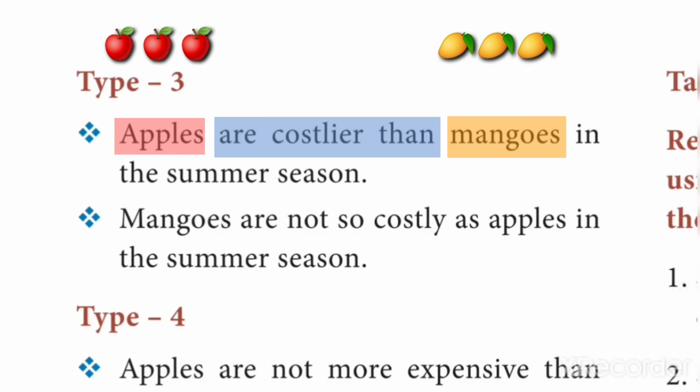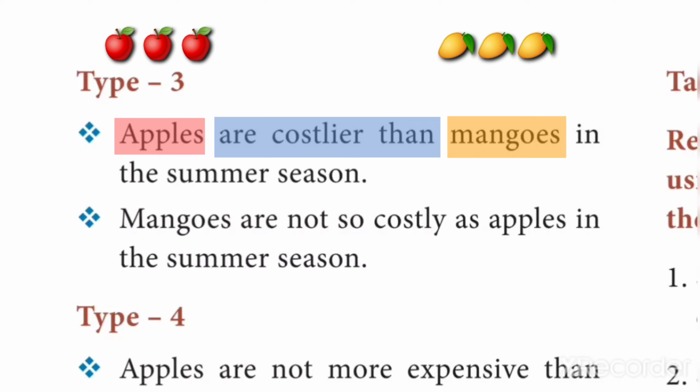And the sentence here is in comparative degree. It says the fact that apples are costlier than mangoes in summer season. Okay. The same sentence is said using positive degree in the next expression. Let's read it.